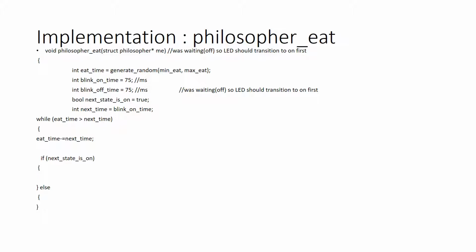And finally, for eating, again, pretty much the same idea, but here we have to define the blink on and off times. Essentially, this next time toggles between blinking on and blinking off, and this is how we count down to the end of the eating period.